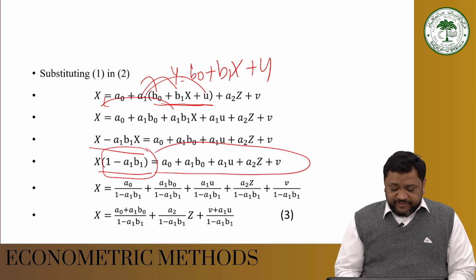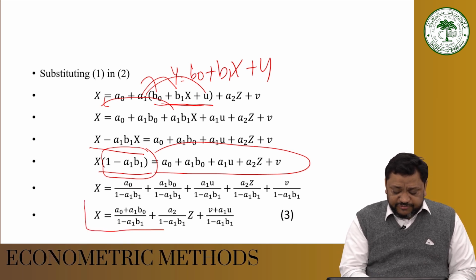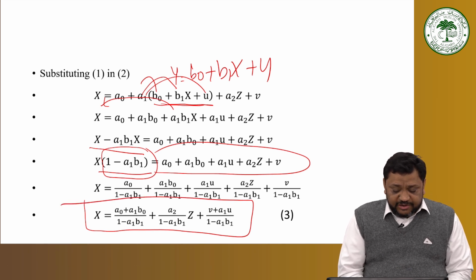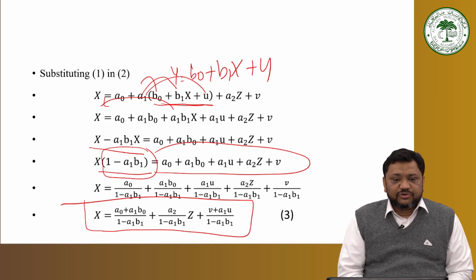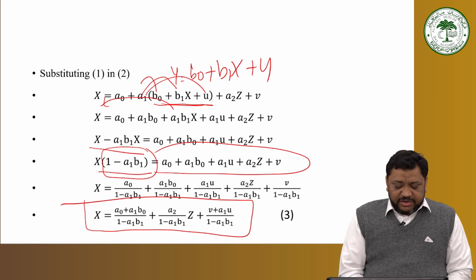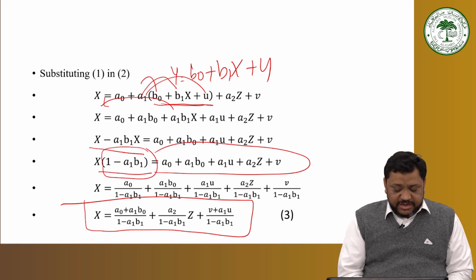Finally, we can write it in the format of the last equation. We combine the terms, and we can say x is equal to a naught plus a1 b naught divided by 1 minus a1 b1.